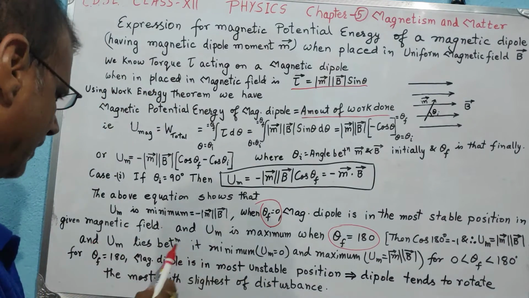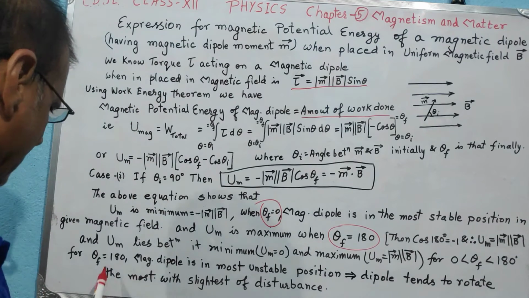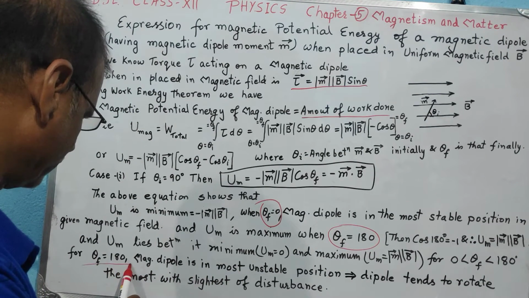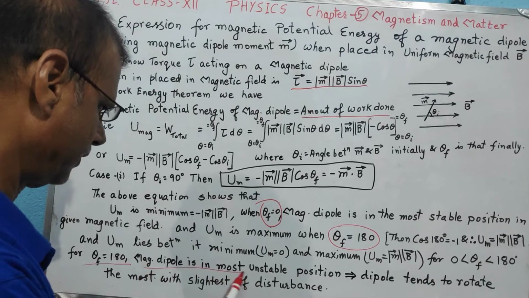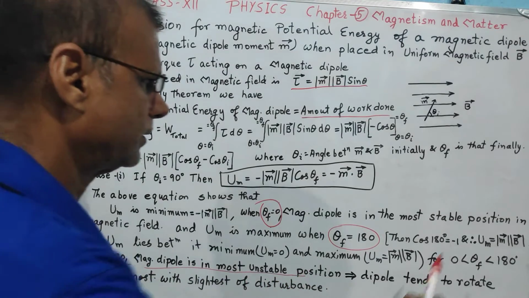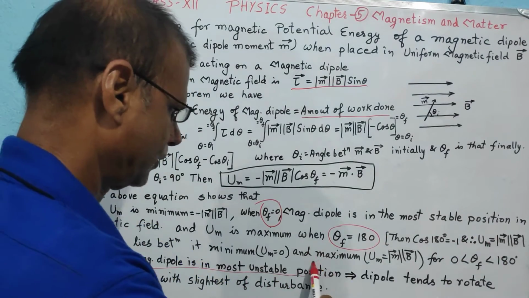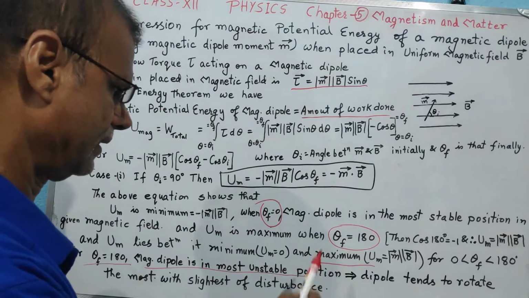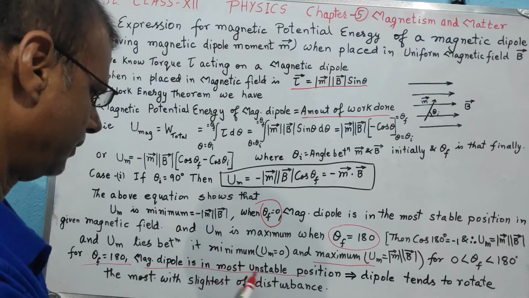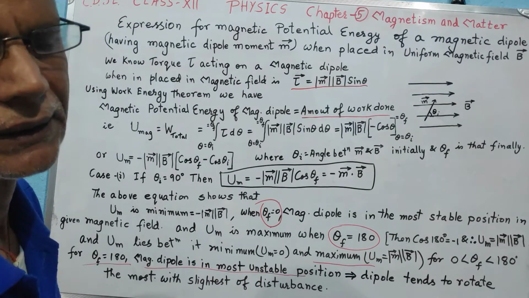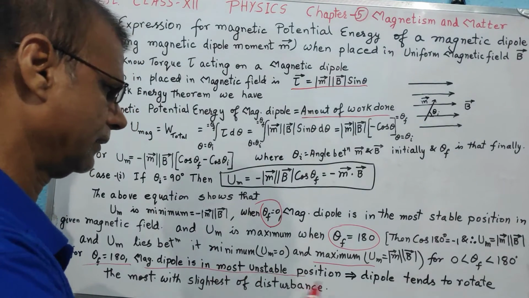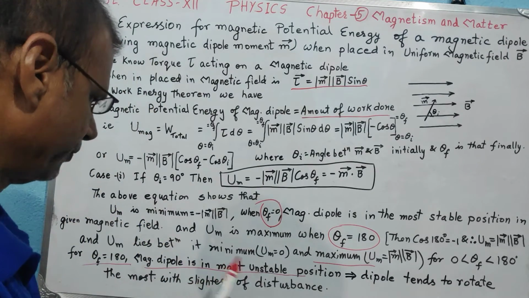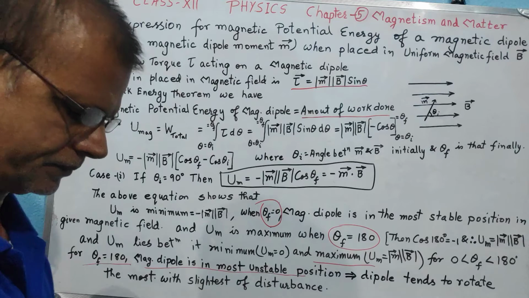Therefore for theta F equal to 180 degrees, since it has the maximum potential energy, the dipole is in the most unstable position. That means the dipole tends to rotate the most with the slightest disturbance.